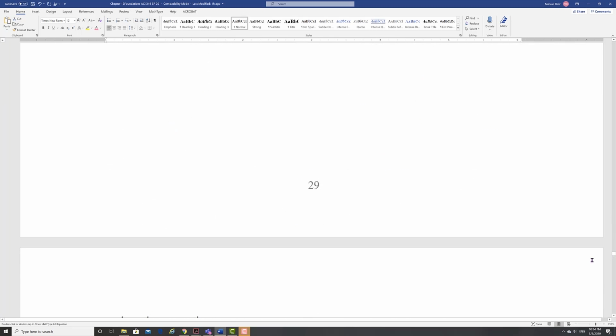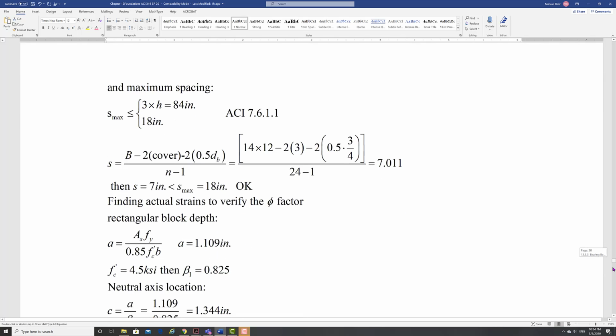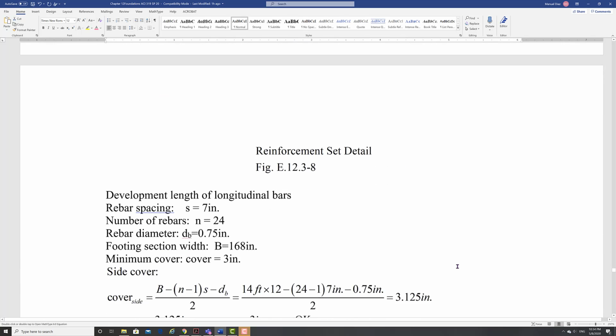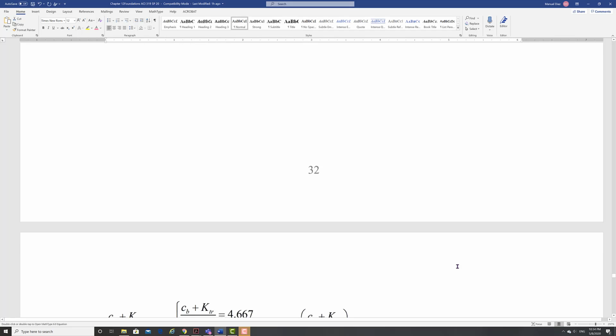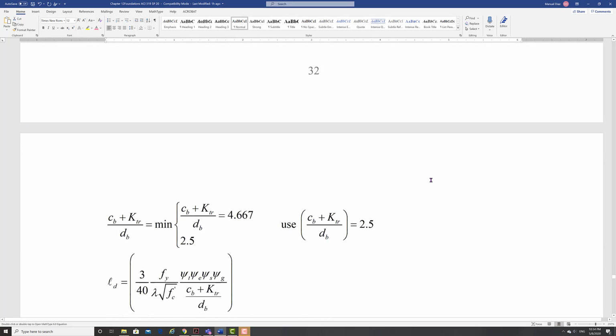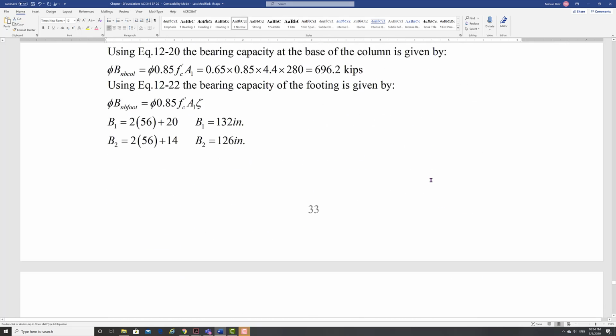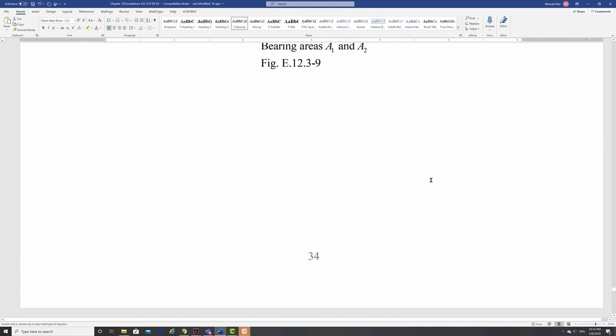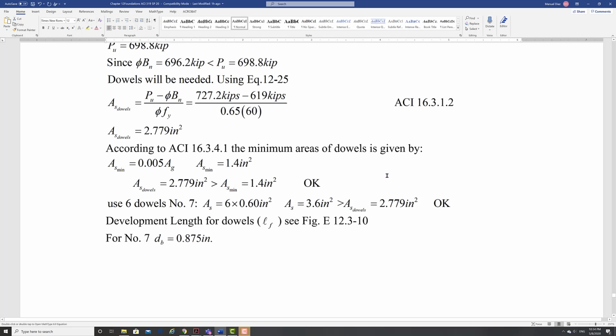Going back to this page. Oh, still development length. Oh yeah, we did development length already. So we did development length, and we're doing the bearing. Okay. So I have that. This one changes. Now it's going to be a lot less. It's going to be less than the minimum. Let's see how much we get.